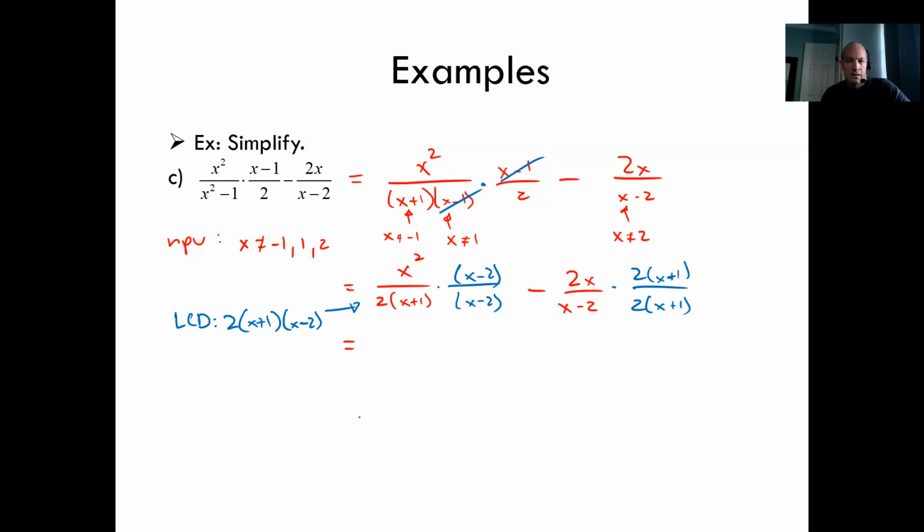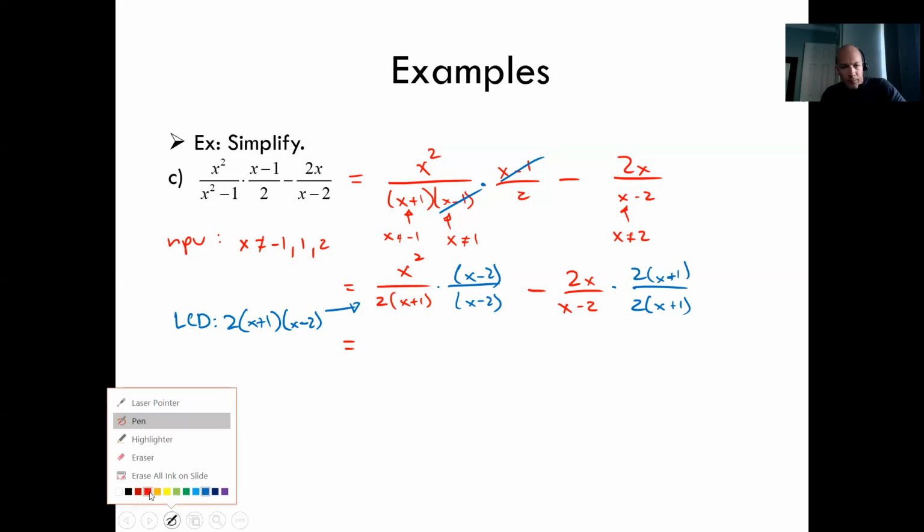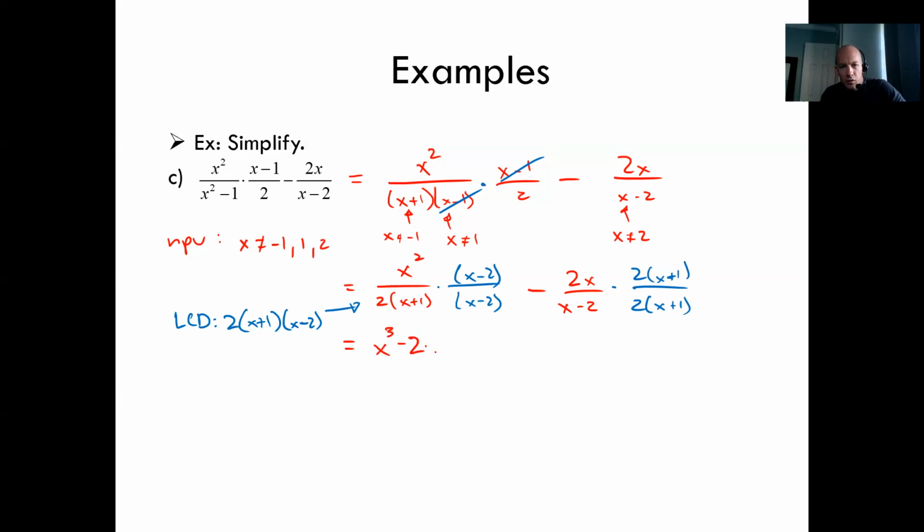So what we wind up getting, this will be x cubed minus 2x squared, and then this will be minus 4x squared plus 2x. I think I got that all right.